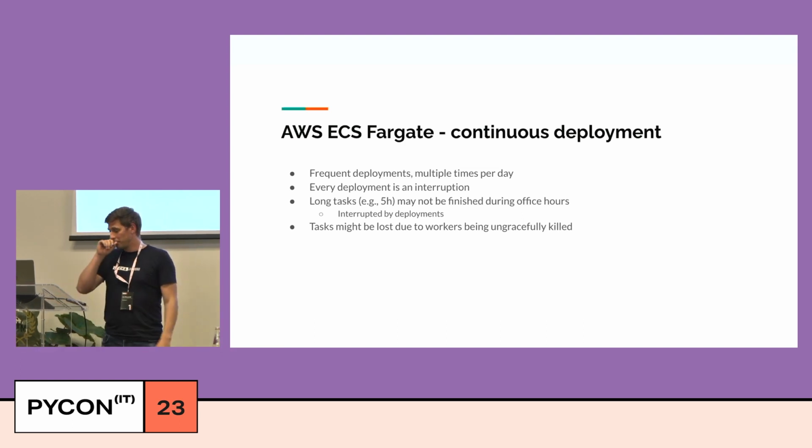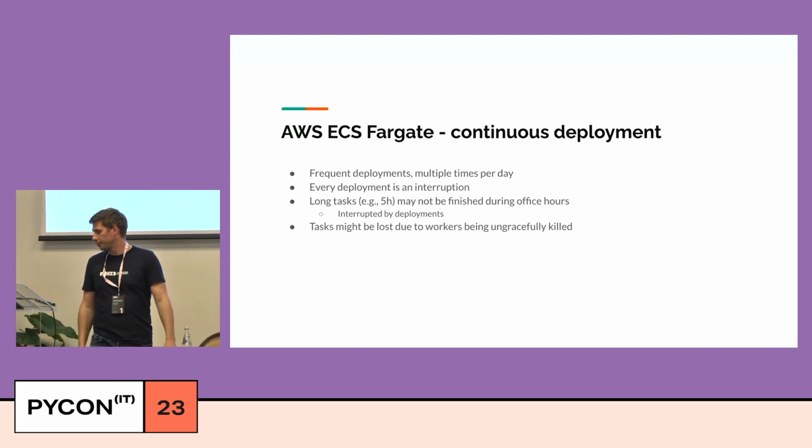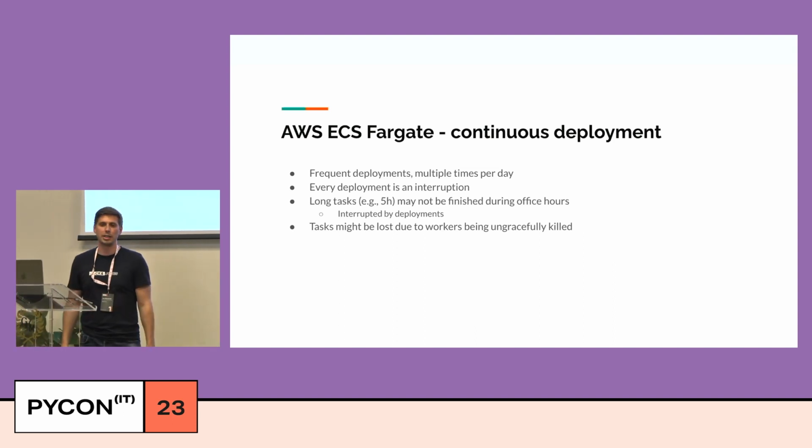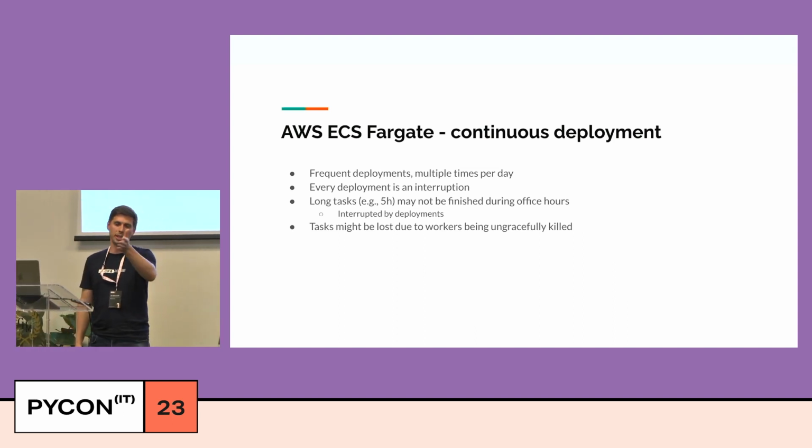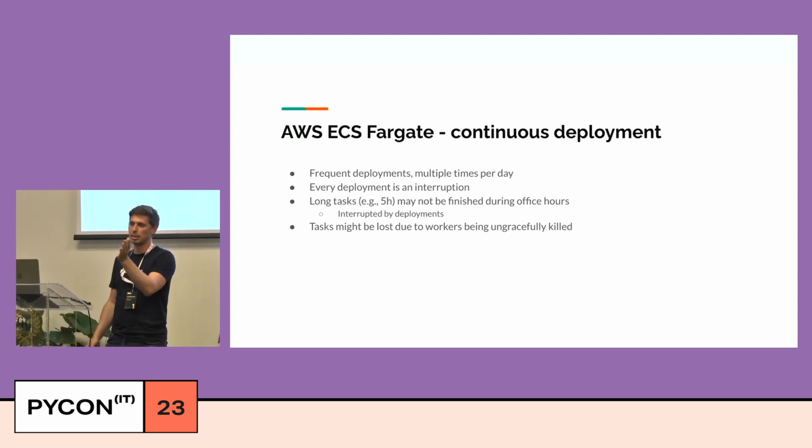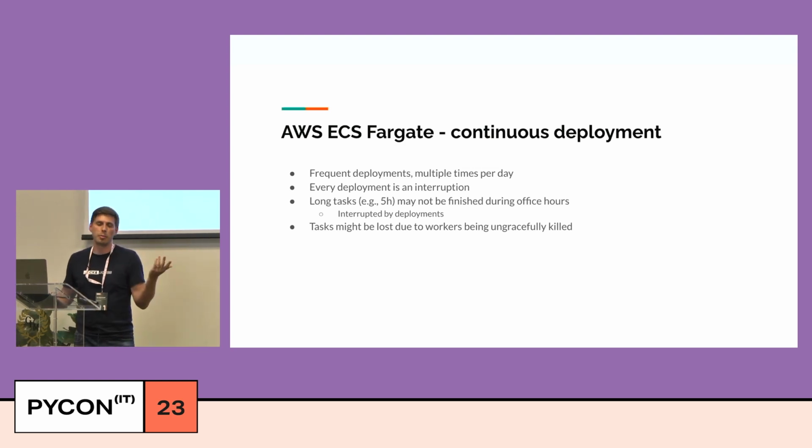Also, there is a problem that tasks might be lost due to workers being ungracefully killed. As I said, SIGTERM, 2 minutes, SIGKILL. If Celery is doing anything when SIGKILL is sent, you might lose some tasks and they won't be processed at any point in time.